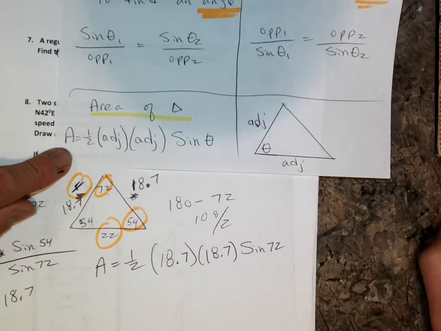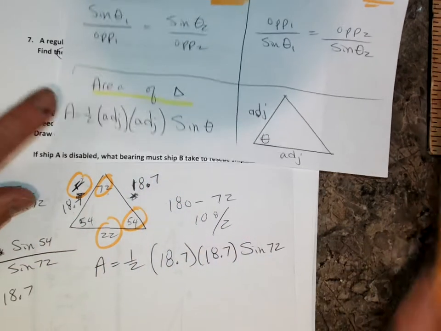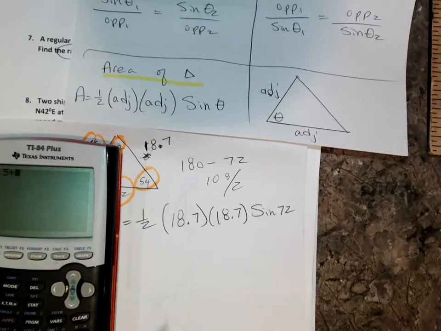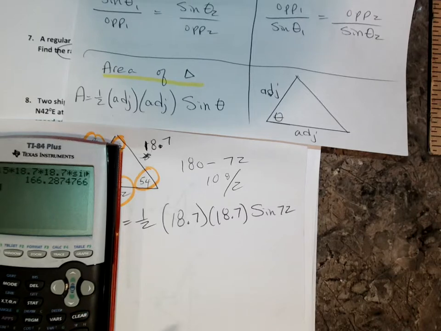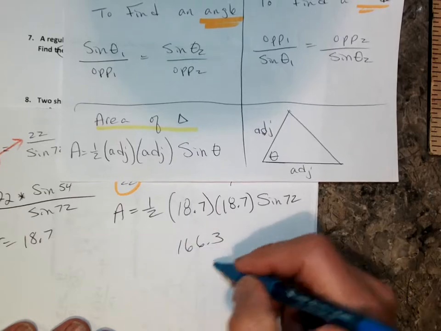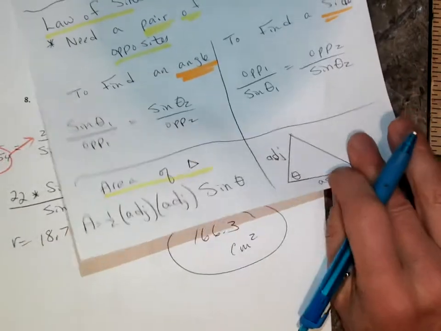Okay, I'm all plugged into my formula. So I'm just going to go 0.5, because that's 1/2, times 18.7 times another 18.7 times the sine of 72. I get an answer of 166.3. And that's in terms, I guess, of centimeters squared because we're talking about area. Okay? That's not too bad. Hopefully you can do that tomorrow.